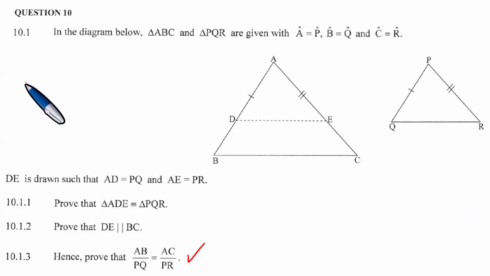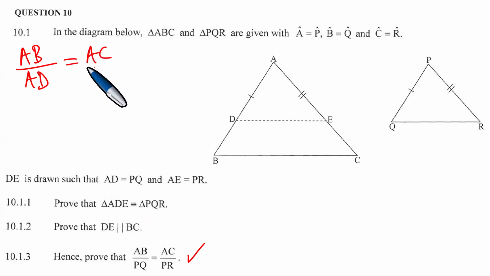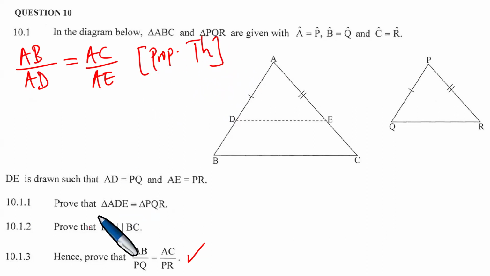Now we start by saying AB over AD is equal to AC over AE. This is the proportionality theorem.